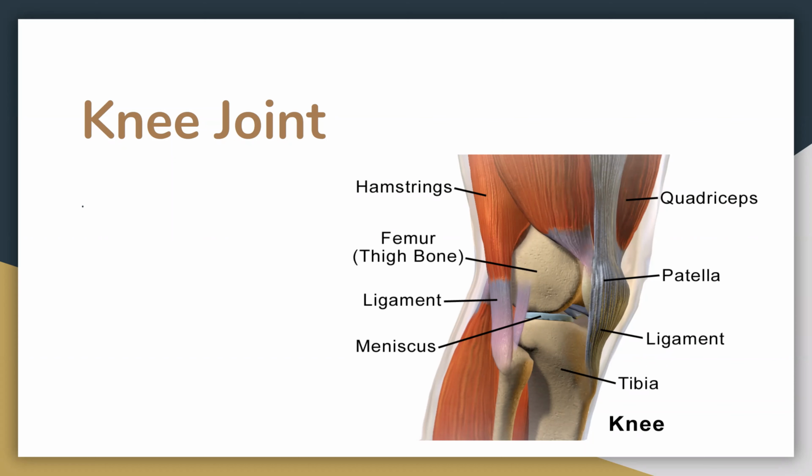And you have the tibia itself, which is the bone, and the femur, which is the thigh bone, and it all comes together. You have this beautiful patella bone, and it's all held together with all these ligaments and meniscus and cartilage.